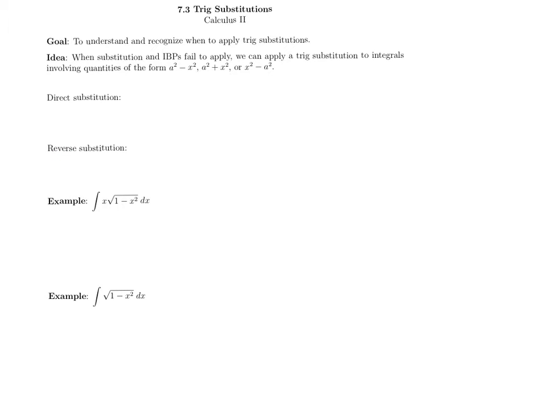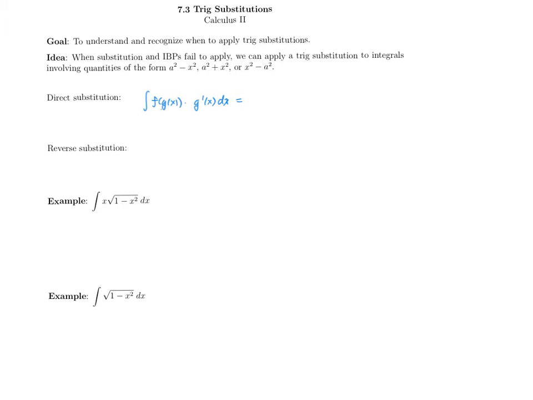So let me begin by reminding you of our technique of substitution, which I'm now going to refer to as a direct substitution. When we encounter an integral of the form f of g of x times g prime of x, our intuition is we might see a function derivative pair.